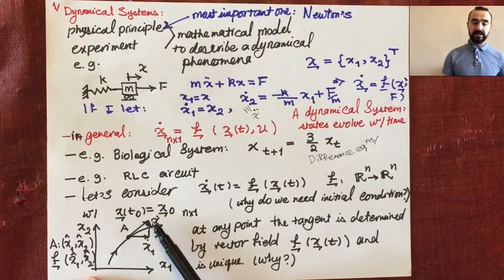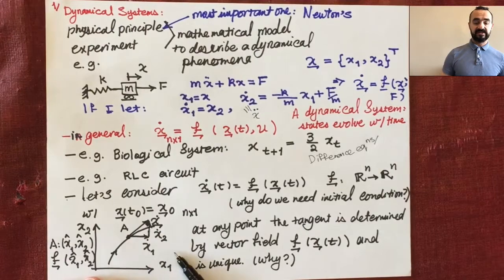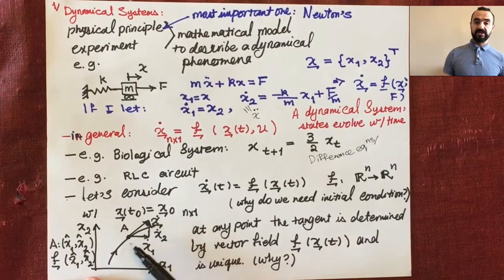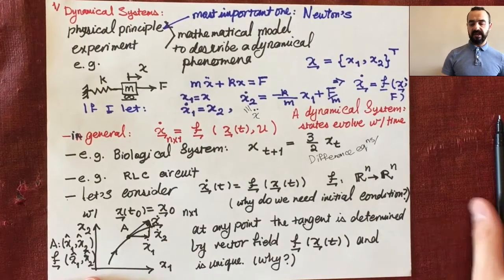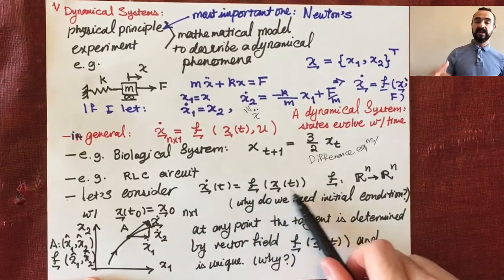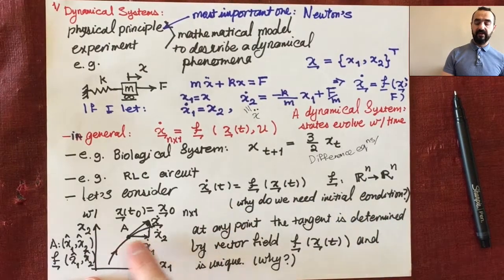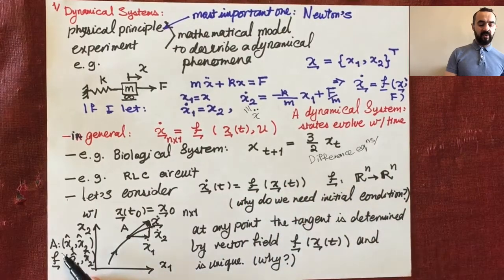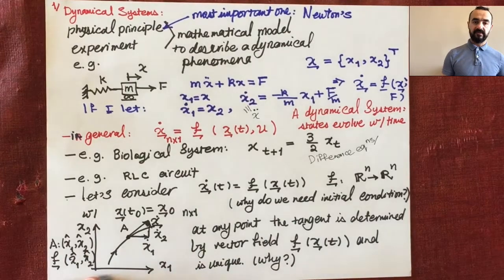So x1 dot describes the change along the horizontal axis, in this case x1. x2 dot describes the change along the vertical axis, and the total change would be x dot. What is x dot? x dot is equal to f(x, t). How do we determine x dot? At A, we evaluate f at A. Let's say A is x1 hat, x2 hat, the coordinates of A. When you evaluate the right-hand side, it gives you the tangent.